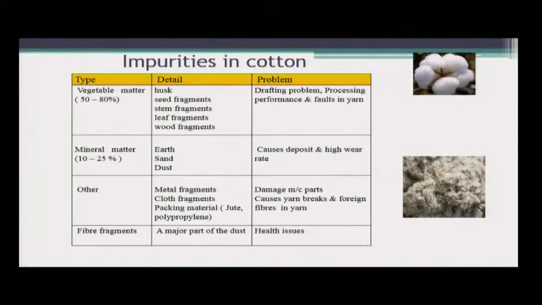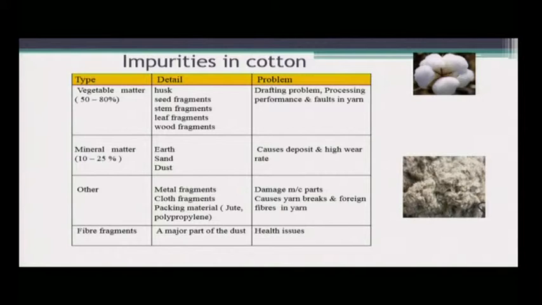Now impurities can be classified into four different types. Some impurities are vegetable in nature, basically part of the plant, like husk, seed fragments, stem fragments, leaf fragments, and wood fragments.